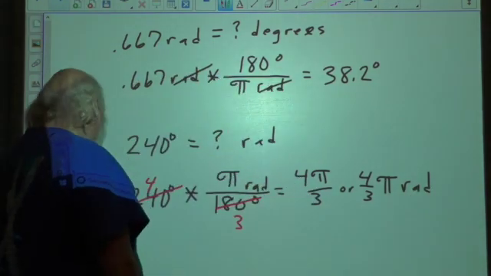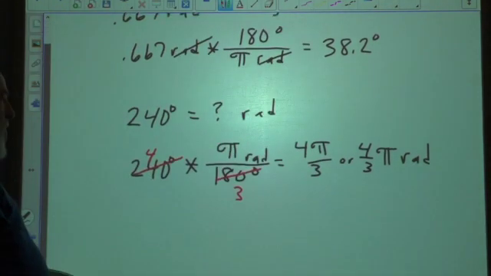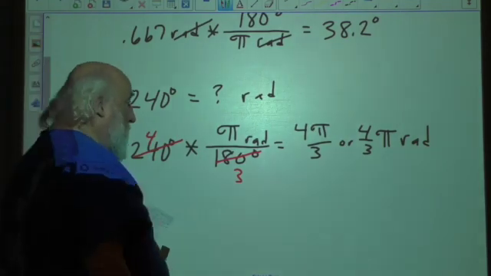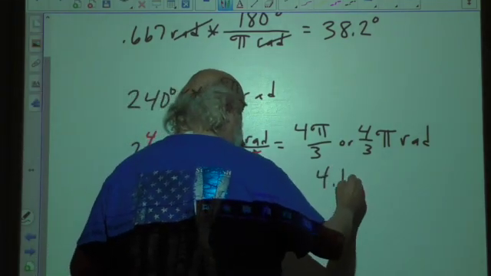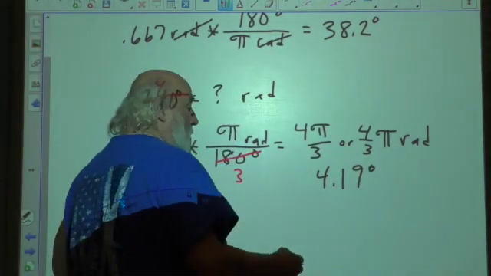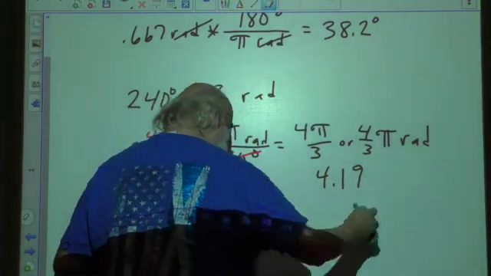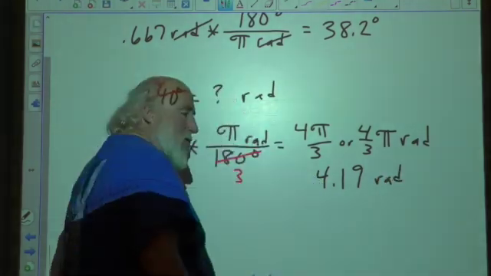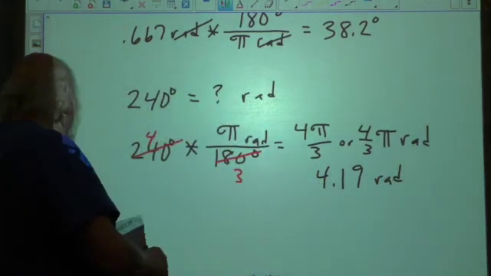Now if you do the calculator work on that, it won't give you 4 pi over 3. Instead, it's going to give you 4.19 radians. Any one of these answers is correct. Okay?